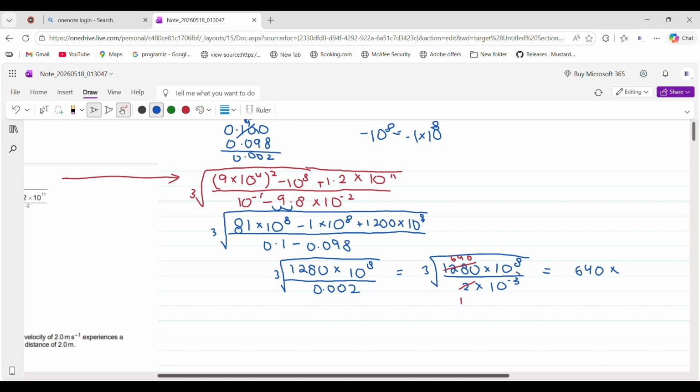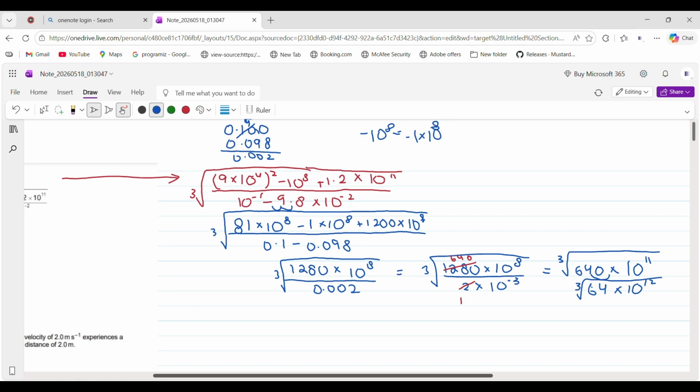When this minus power goes to the numerator side, it will get positive 3. So 8 plus 3 would be 11, right? Under cube root. If I make it 64, this point has moved one place to the left hand side, so the power is added to it. So it is now 12 and everything is under cube root.